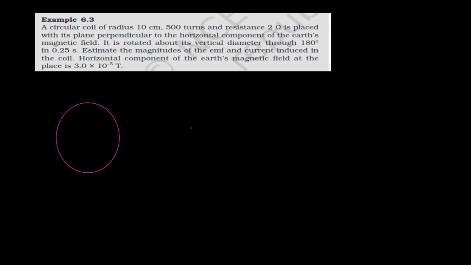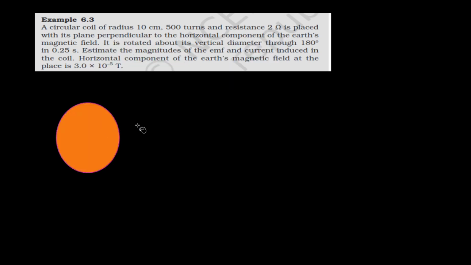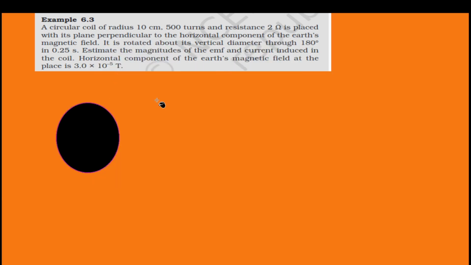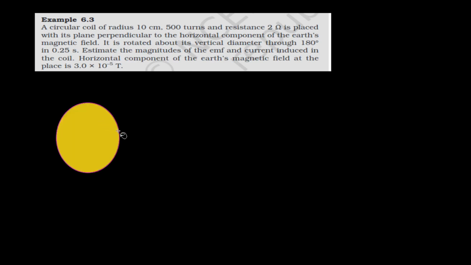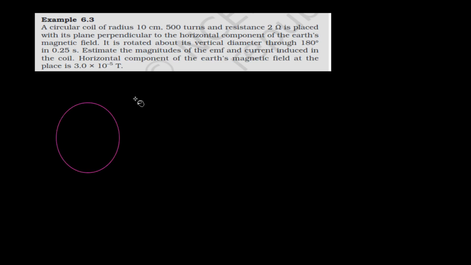I give you that it's a circular loop, right? But for explanation reasons, I'll just fill this region with a different color. Oh my god, that's a bad color to choose. I'll just fill this region. It's making it worse. Forget the color.